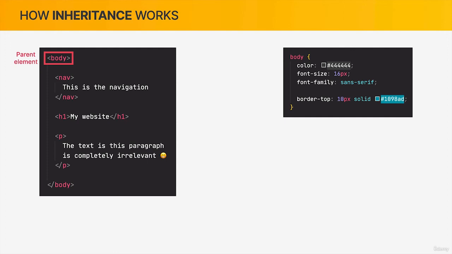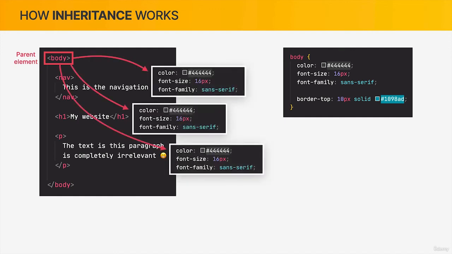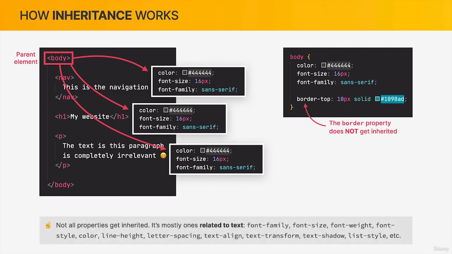And so, therefore, thanks to inheritance, all of these three elements basically get access to these three properties that are inherited. And again, all these three properties are basically related to text, while on the other hand, the border property does not get inherited.